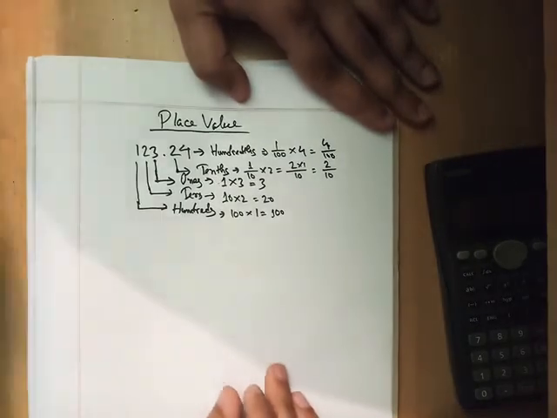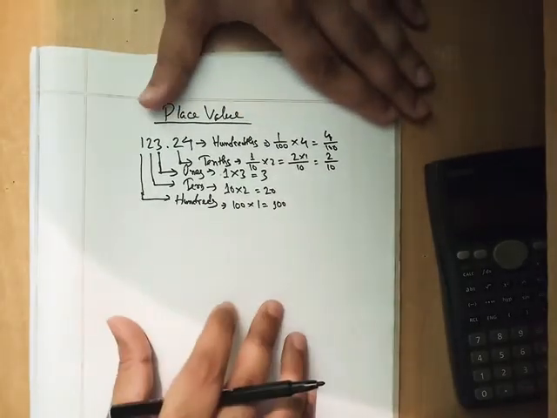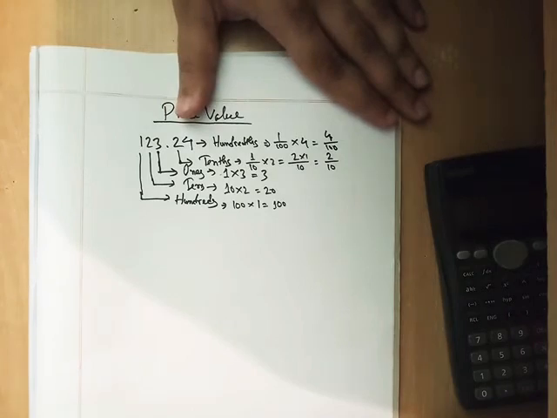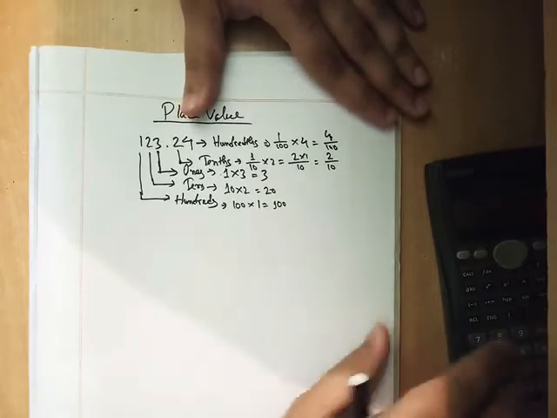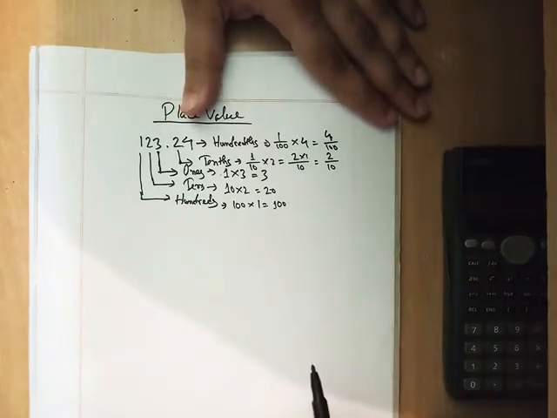Now for this section we will only learn about multiplying or dividing any number by 0.1 and 0.001.